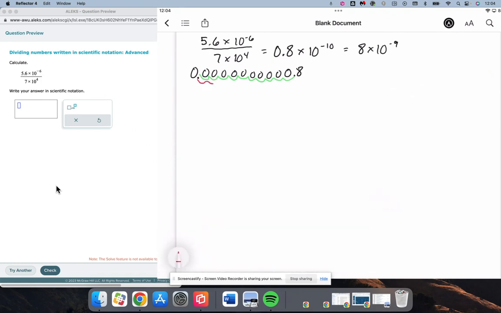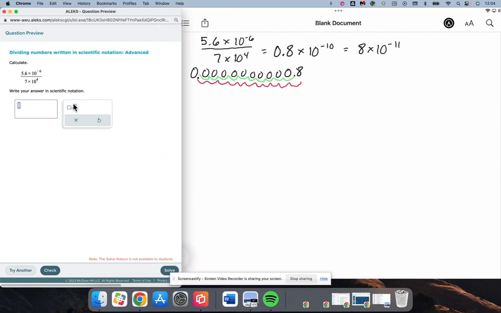So 1, 2, 3, 4, 5, 6, 7, 8, 9, 10, 11. And so, see, even I should go ahead and do that because I moved the exponent in the wrong spot. So 8 times 10 to the negative 11 is what we're going to get here.